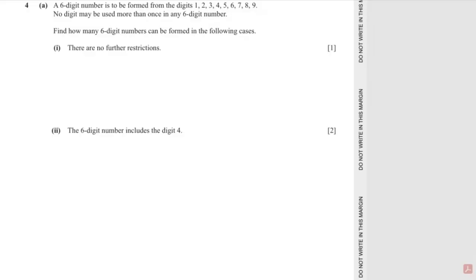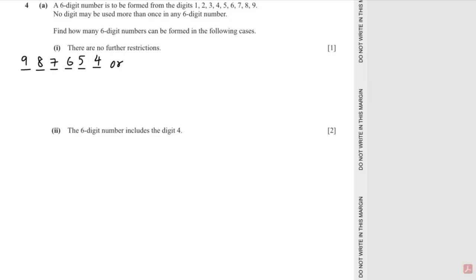Part A1. There are no further restrictions. So it's a 6-digit number. One way of doing this is you can put these digits, 9, 8, 7, 6, 5, and 4, and multiply them to get the answer. This is the counting principle way of solving this.